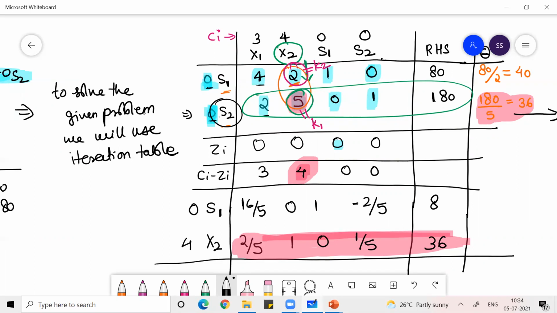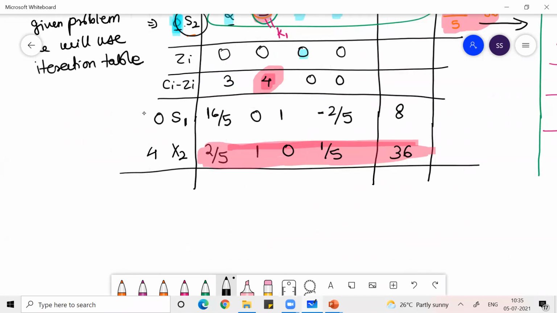Then guys, can I go ahead? So now you found the values of S1, you found the values of X2.